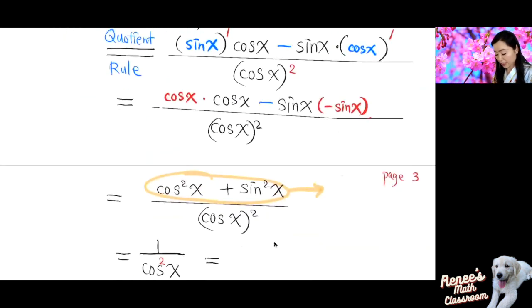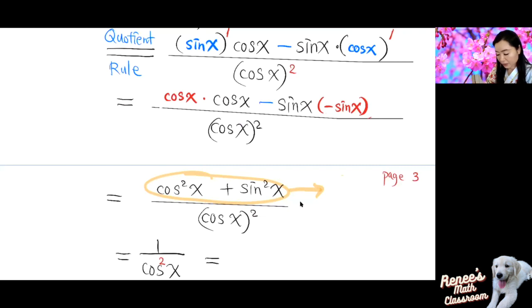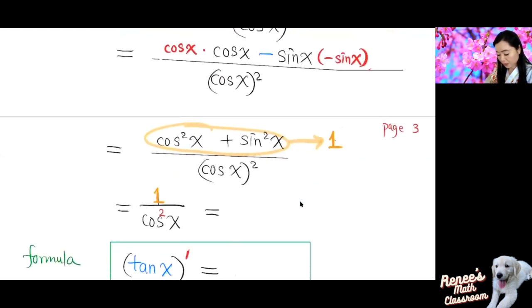Now over here, negative times negative is positive, right? So this becomes adding the square of sine x. Now looking at the numerator on top, cosine square x plus sine square x, what does this equal to? 1. Yeah, equal to 1, you got it. So this will become 1 over the square of cosine x.